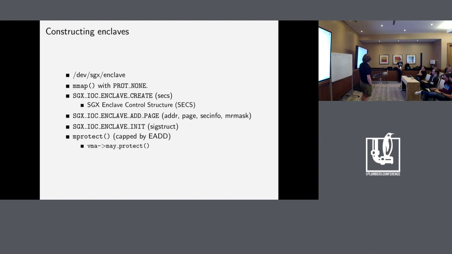So when there are no pages created, you can only mmap with PROT_NONE, and that's how you reserve the address range. After that, you call the create ioctl that will create the first EPC page called secure enclave control structure, SECS, which contains like the measurement for the enclave and the address range and all the global attributes for the enclave.